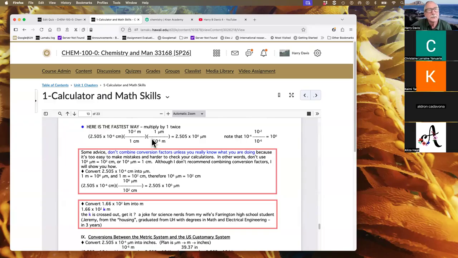Yes. Is this the truth? 1/1,000,000th of a meter is 1/1,000,000th of a meter. Yes, that's the truth. So I took this number, multiplied by 1, and then I multiplied by 1, and the only thing that changed were the units. Everything is still equal. See?